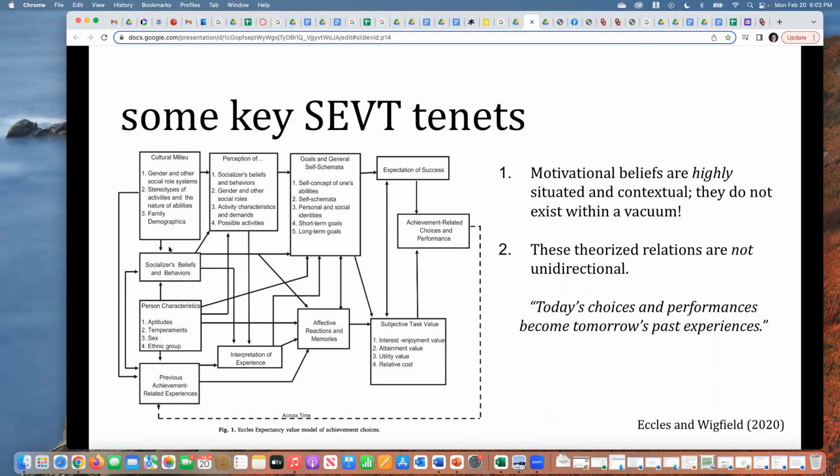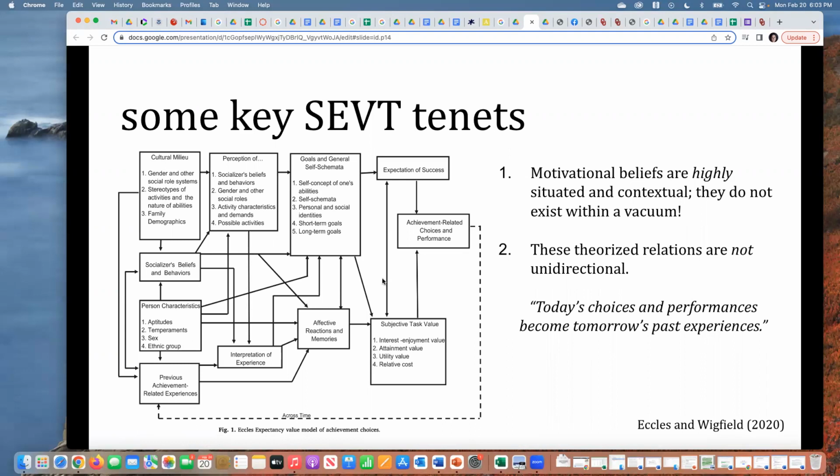Put in another way, although the visual depiction suggests that cultural milieu influences perceptions, influences goals, influences expectations of success, for instance, this implies a certain level of unidirectionality, whereas what this model is actually proposing is that these pathways and relations are not only bidirectional, but highly dynamic in nature, all influencing each other.